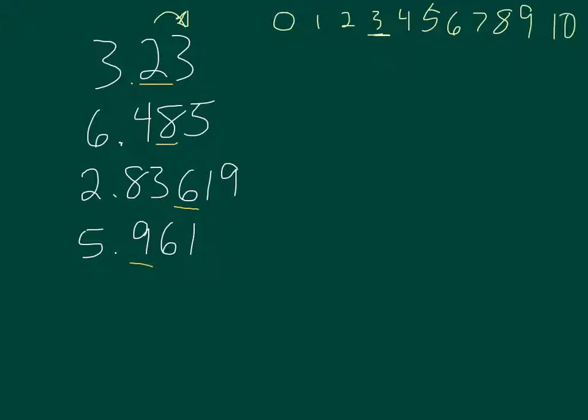So we're going to round this number to 3.2. The 2 is going to stay the same. We're not going to round it down to a 1, because on a number line, remember, 3.23 is between 3 and 4.